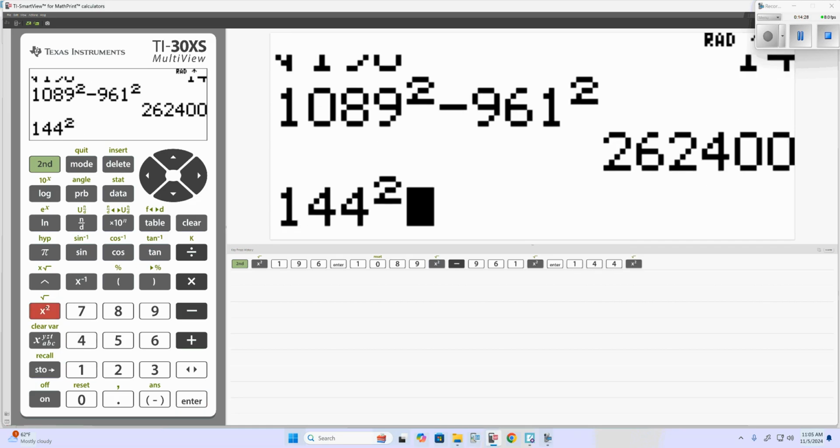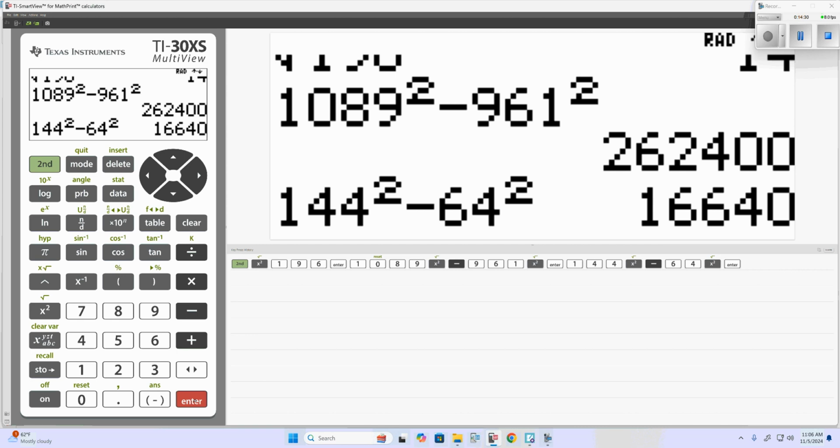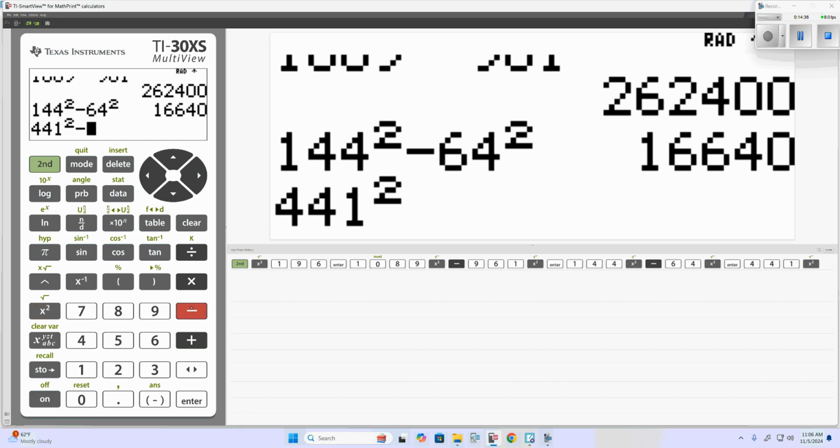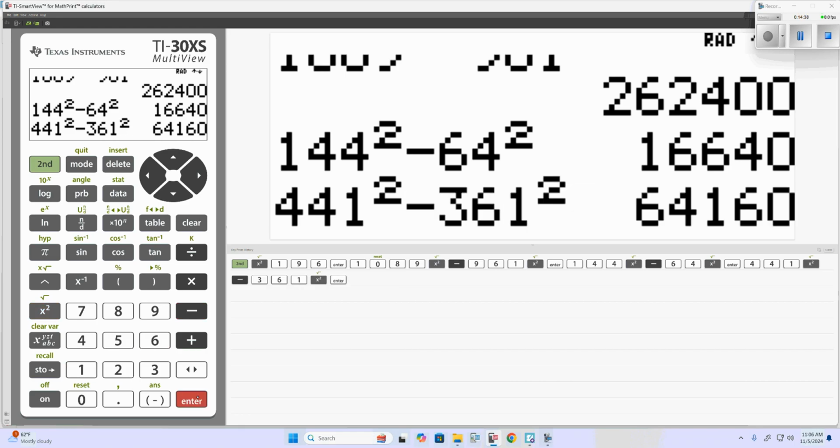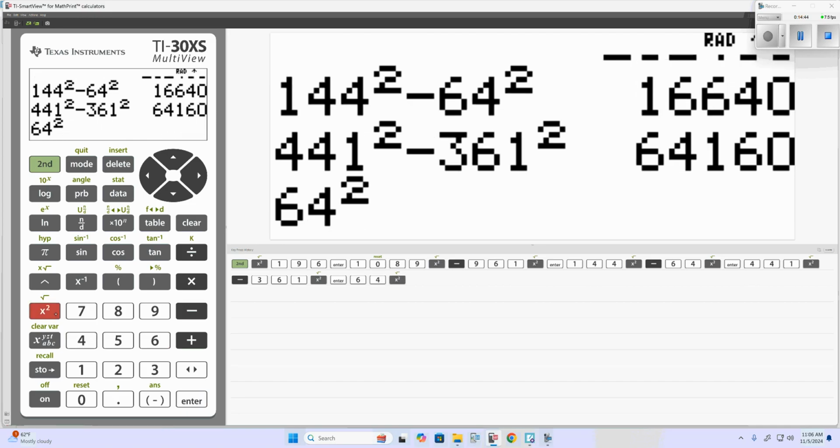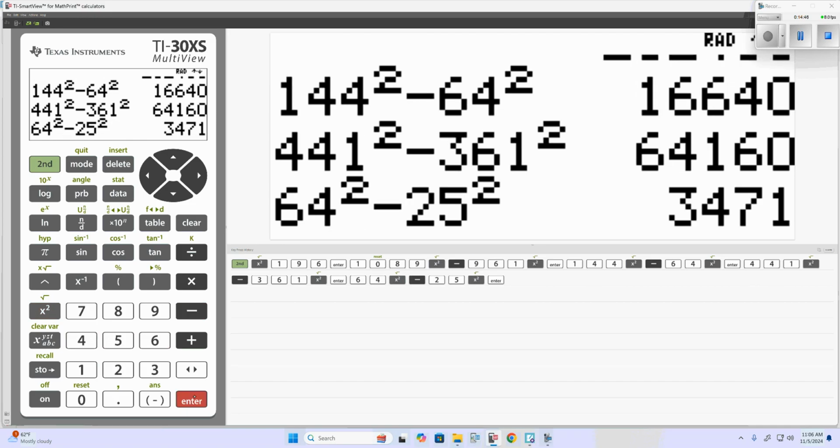Okay. 144 squared minus 64 squared. That's it, yeah. Put it right in the calculator. Don't change a thing. Just type it in exactly as you see it, and you'll get your answer.